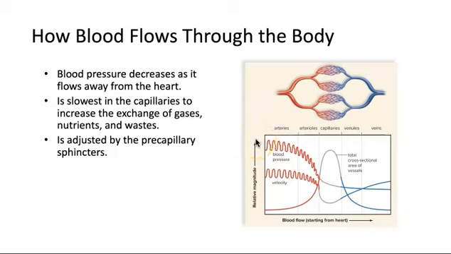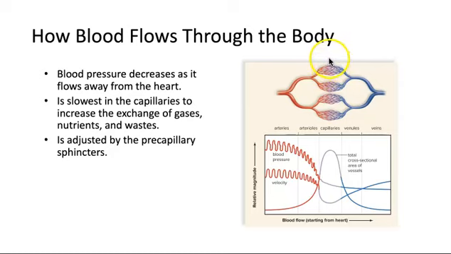Now, as that blood flows through, you're going to see the speed of the blood through here is going to change. We have a moderate amount of speed, and then as we move into the area of the capillaries, we are going to significantly slow that blood down. The reason for this is we want to slow the blood down to exchange with the tissues.